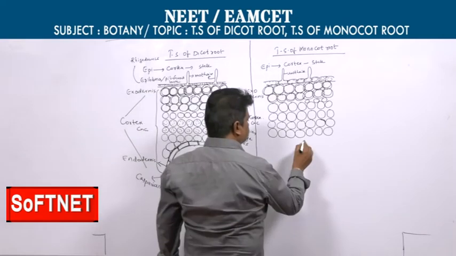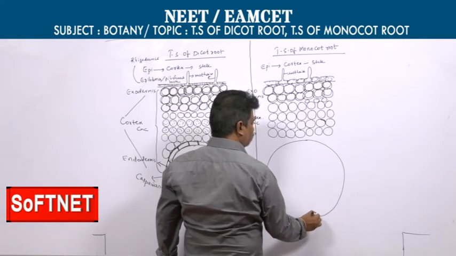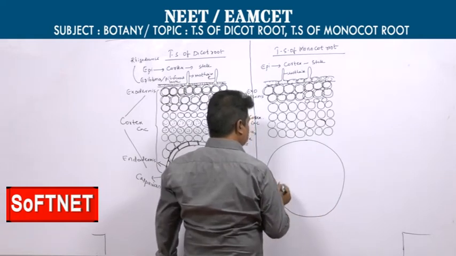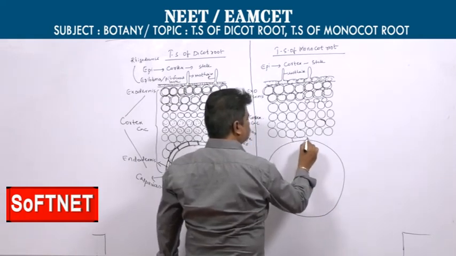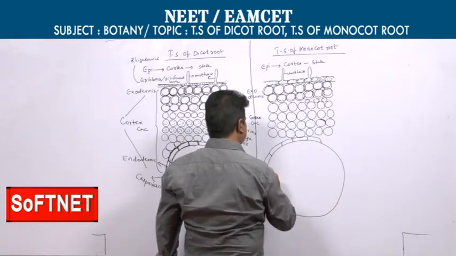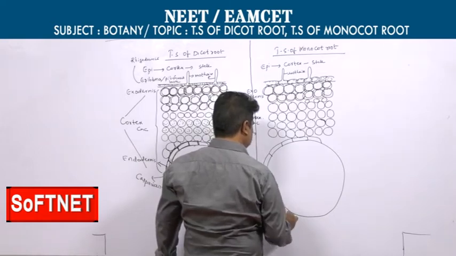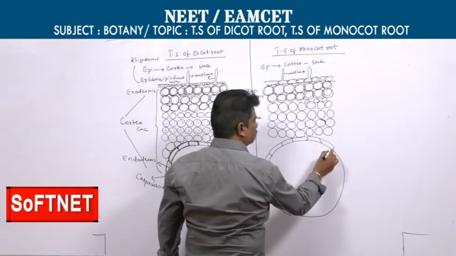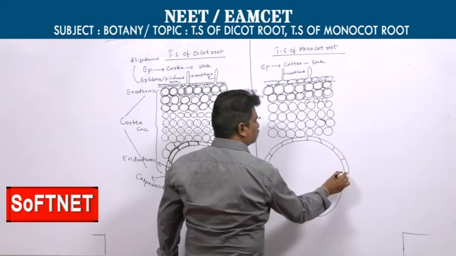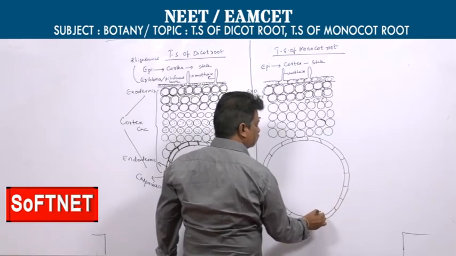Same in monocot root. Even in monocot root, the innermost layer is called endodermis. Same characters. Even in monocot root, that endodermis is unilayered, made up of barrel shaped cells.